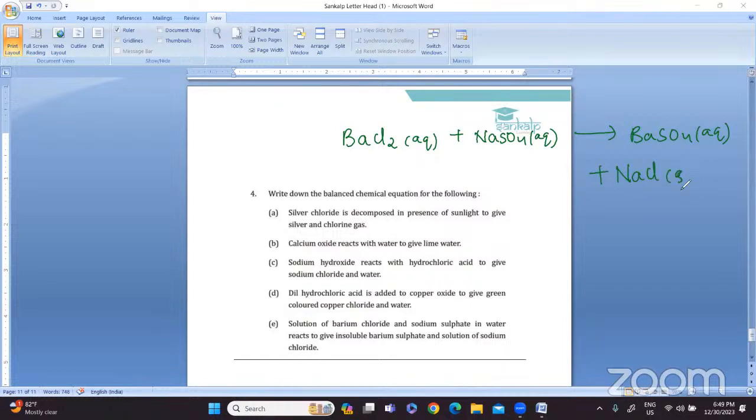So see whether it is balanced. Yes, students, see whether it is balanced. I'll repeat the sentence once more: solution of barium chloride and sodium sulfate in water reacts to give insoluble barium sulfate and solution of sodium chloride.